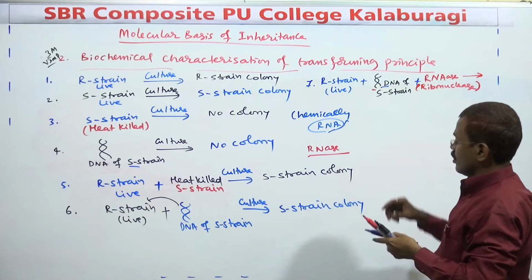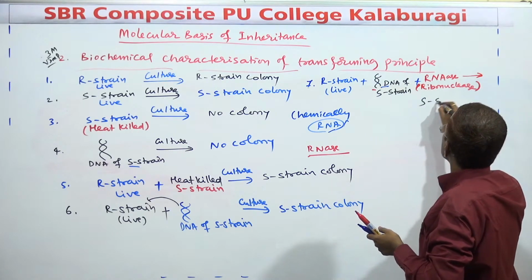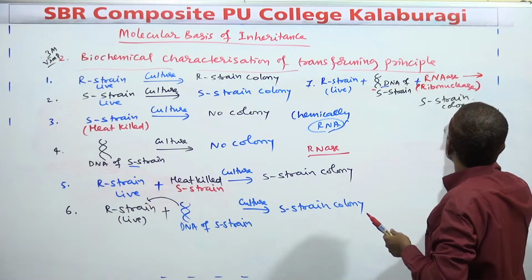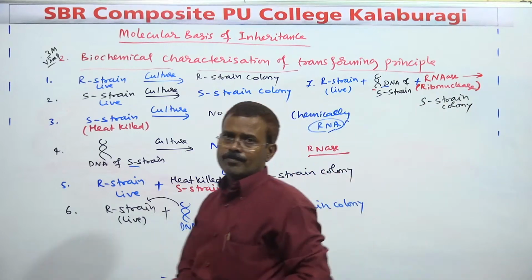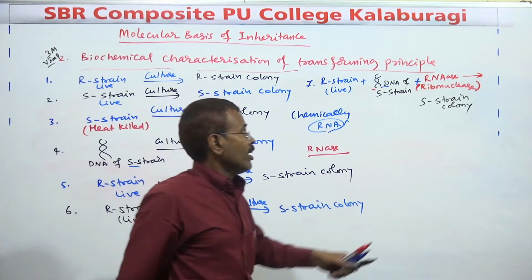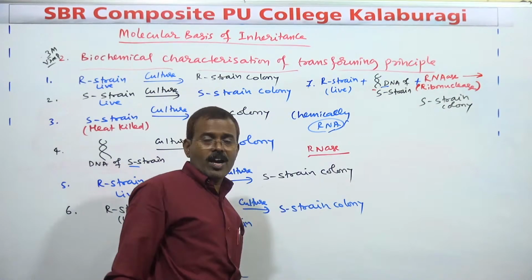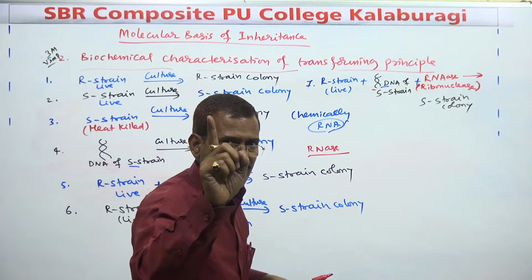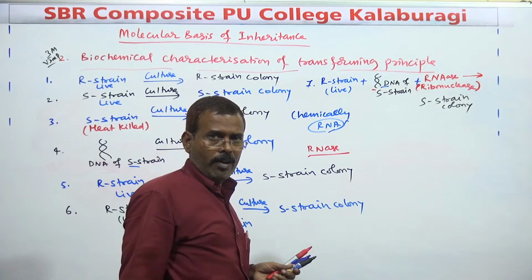But which strain colony was produced here? Smooth strain colony developed. That means addition of ribonuclease enzyme to this mixture could not affect transformation. It could not stop transformation.